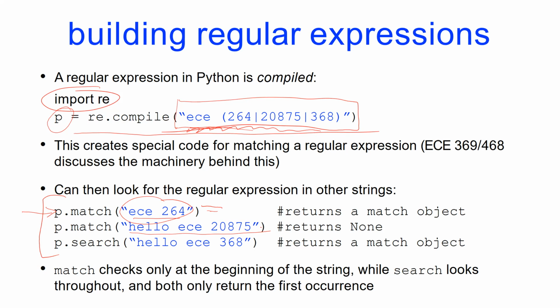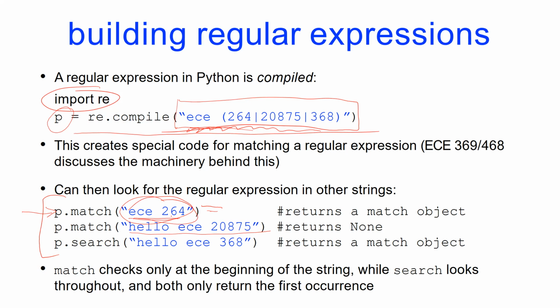Match tries to look for a match at the beginning of your string. So in this ECE 264 case, the match has happened at the beginning of your string, so I can find it.